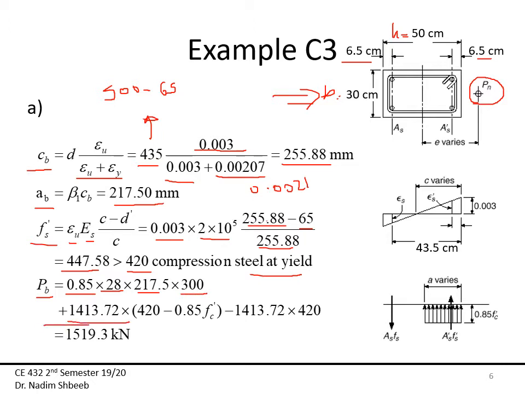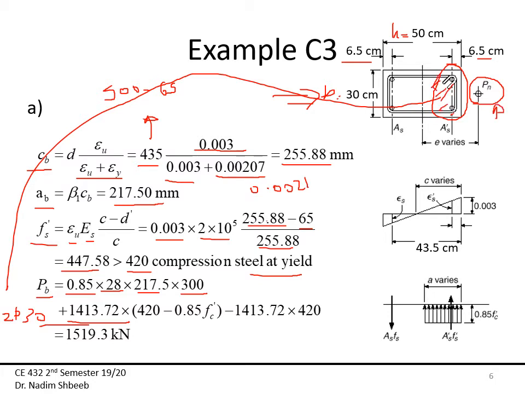This is actually representative of 2 phi 30, which are those right here. These are my compressive steel. Again, since the load is in this direction, all this is under compression and all that is under tension. So this is again the 2 phi 30 that's all under compression.